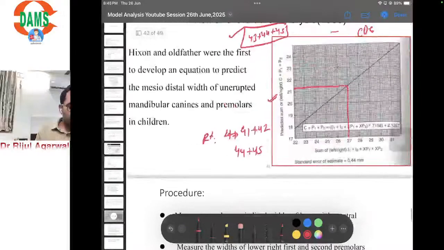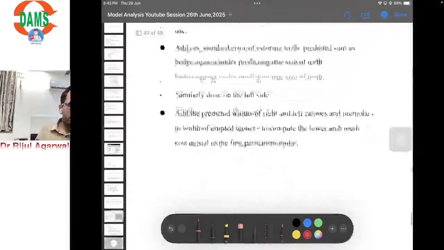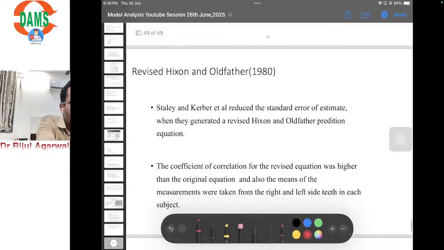So this was the standard error, or you can say the probability or prediction chart made by them. It's a graphical method. You need to extend from the x, it intersects on the y, gives you the value. I hope it's clear.